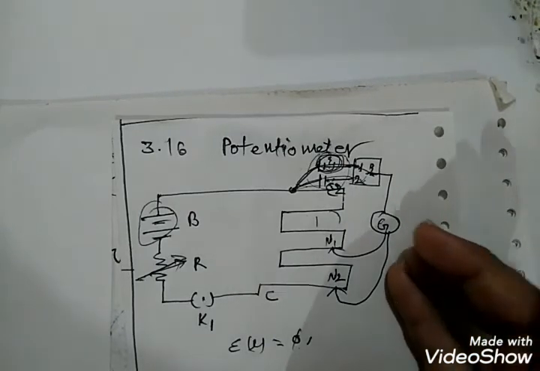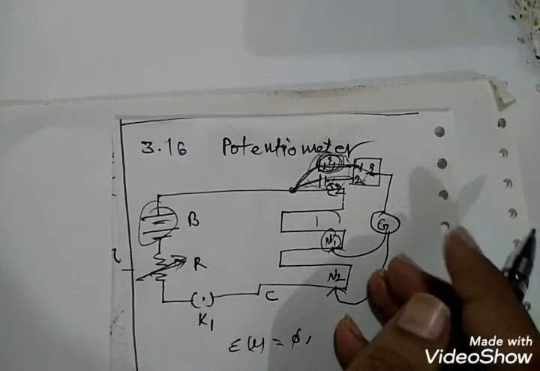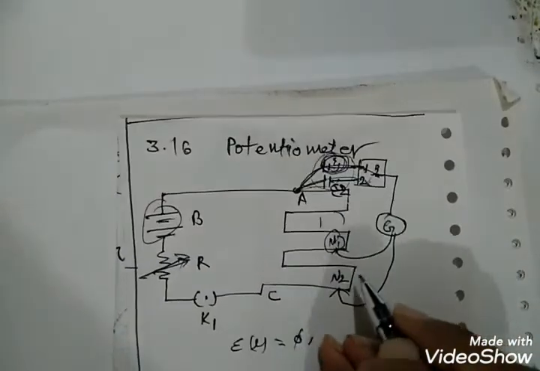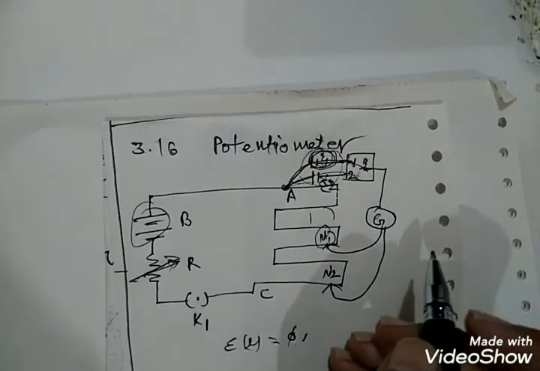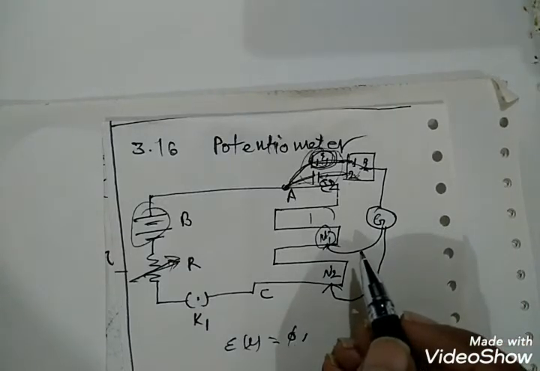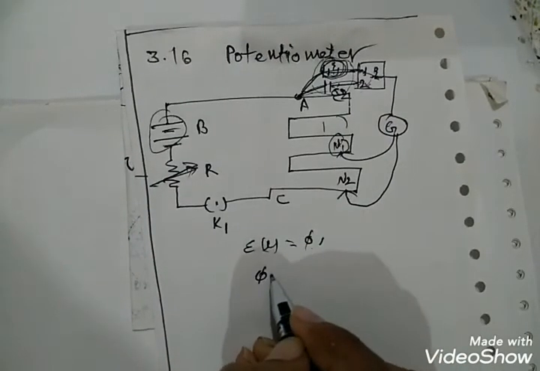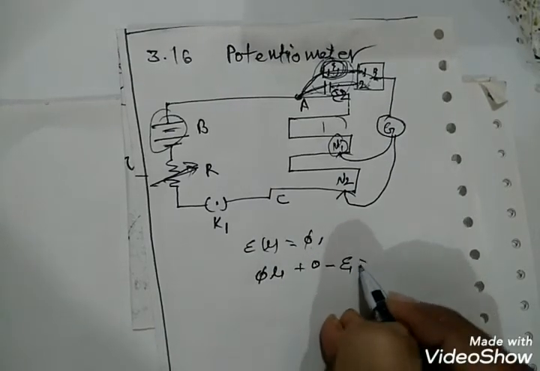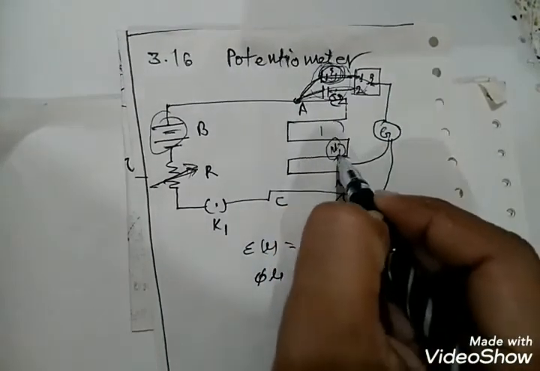The jockey is moved along the wire till the point N1, at distance L1 from A, where there is no deflection in the galvanometer. So we can apply Kirchhoff's loop rule to the closed loop A N1 G 3 1 A. We get phi L1 plus 0 minus E1 is equal to 0.